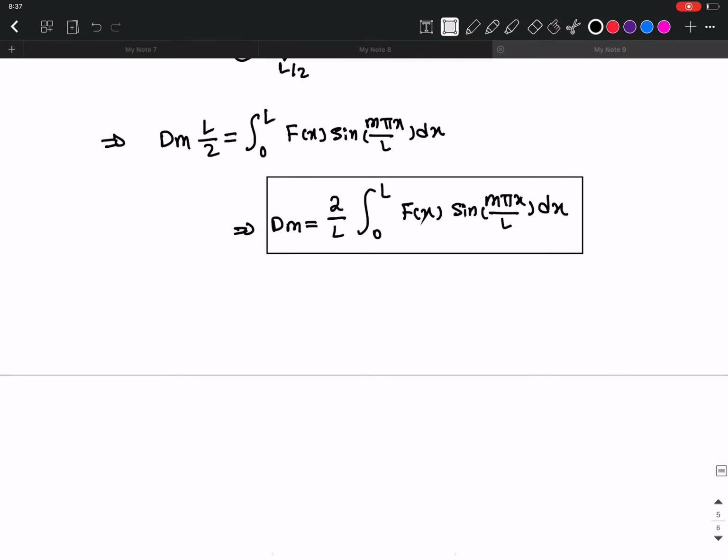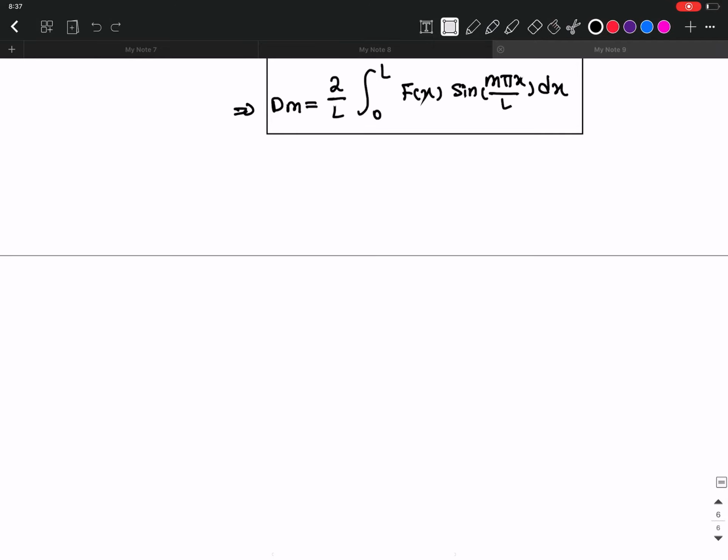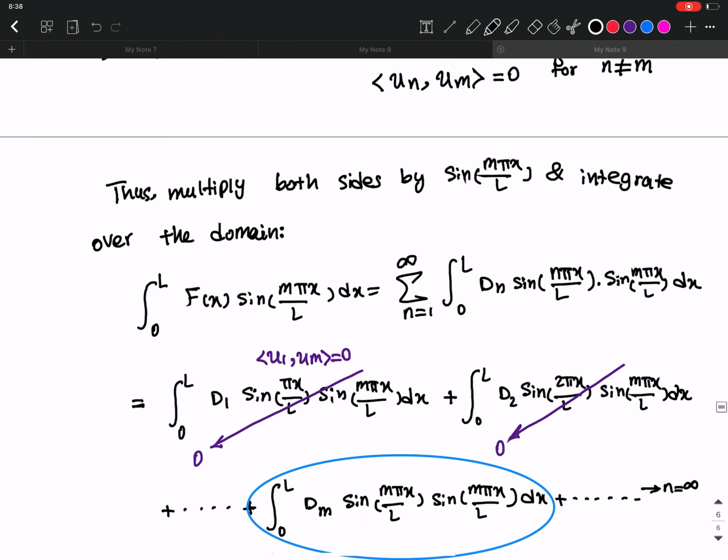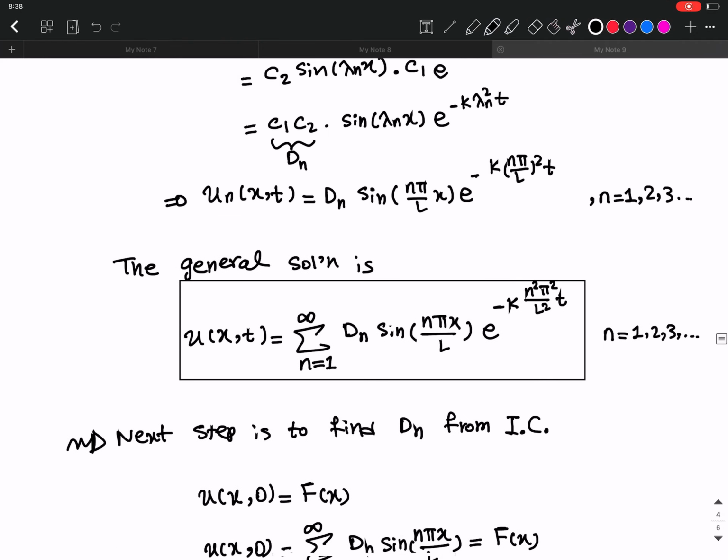And now the final solution of this PDE is going to be u(x, t) equals, I have it here, right? So I have everything now. I have d_n, I have this one, and for n and m, I can just substitute instead of the m, right, d_n?